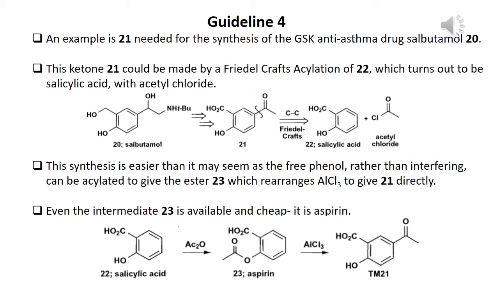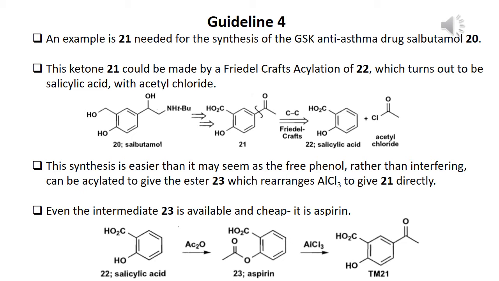The compound 22, which is actually a salicylic acid, that Friedel-Crafts acylation of salicylic acid we shall just do, and we shall make up the compound 21, the ketone 21, which is necessary for the formation of salbutamol, which turns out to be a salicylic acid, and with acetyl chloride we do the Friedel-Crafts acylation of structure 22 salicylic acid.